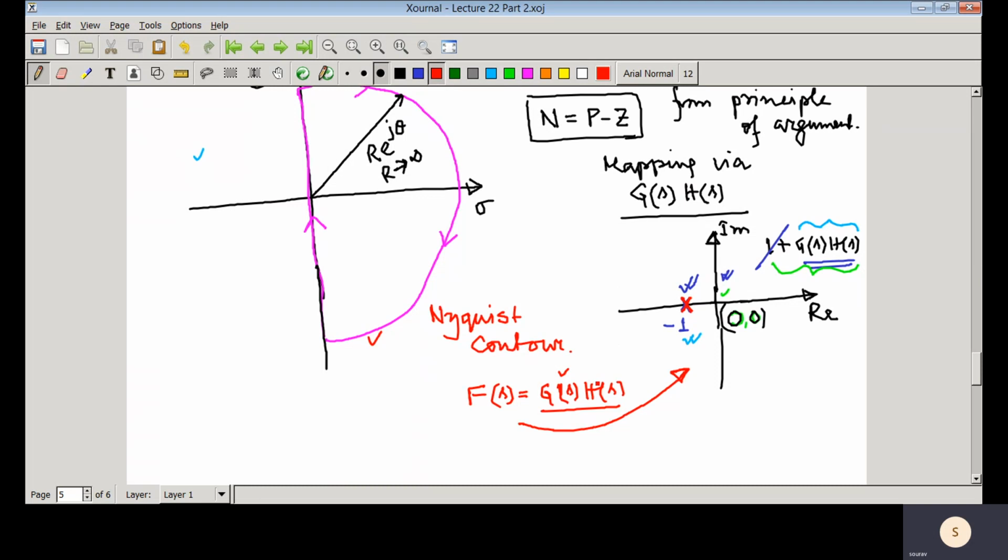So if we take 1 plus g of s h of s, then that is with respect to the origin. If we take g of s h of s, that one would be with respect to the minus 1 point. You may ask why we are interested in g of s h of s or 1 plus g of s h of s.